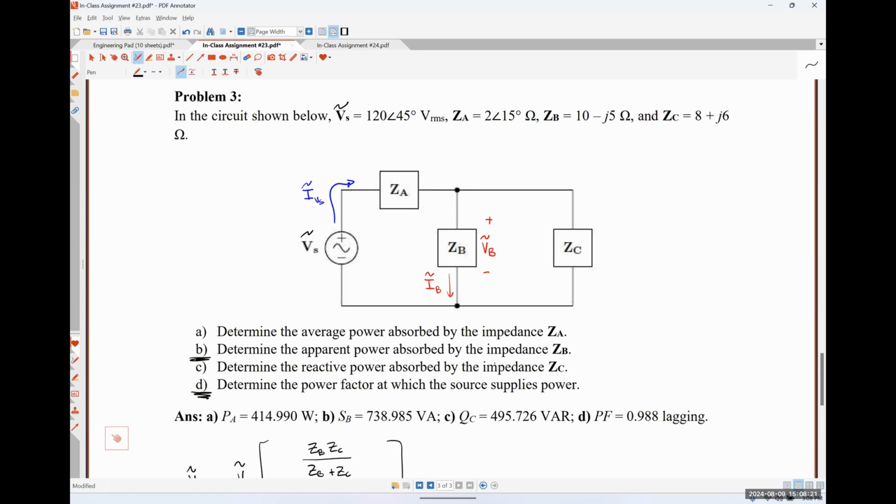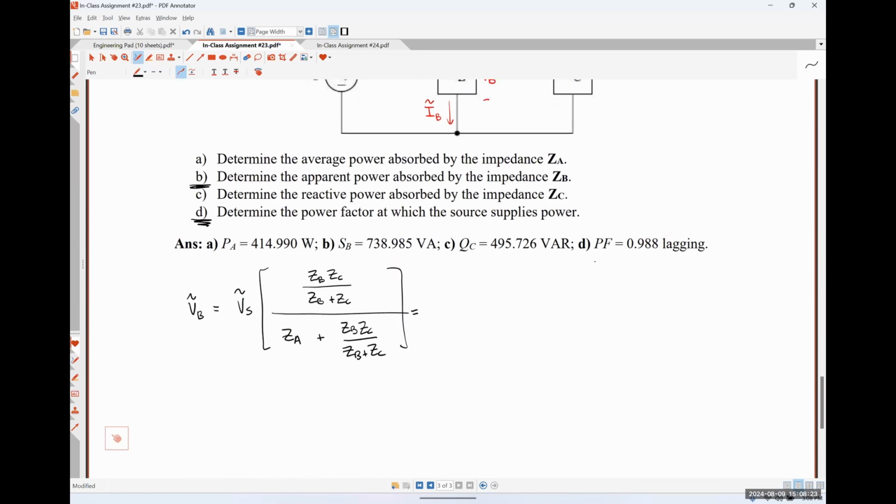And when I solved for that voltage here, I got 90.8961 with an angle of 43.082 degrees, volts RMS.